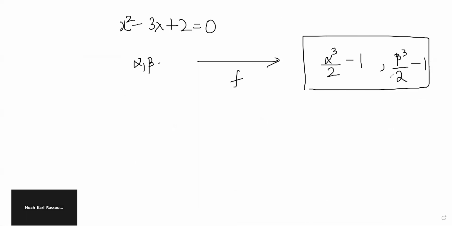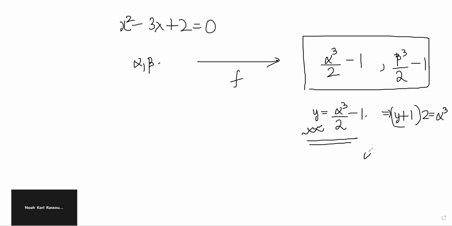So now I'll say that I need a new equation with variable y equal to alpha cube by 2 minus 1. This is my new thing, right? I need y to be a root. So I can say that y plus 1 into 2 is equal to alpha cube. So alpha is equal to cube root of 2y plus 2, right?